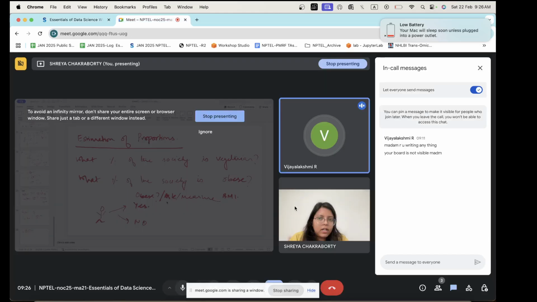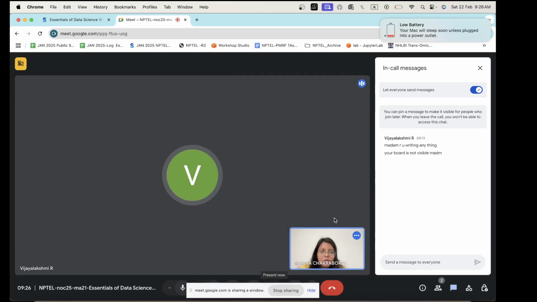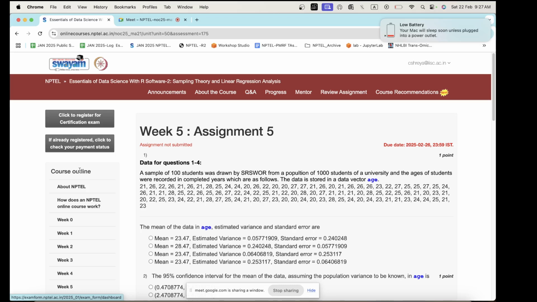Yes, actually, I'll show you something. Can you see my window? Yes, ma'am. So if you go to this SWAYAM portal, below here you'll have a link called Problem Solving Session January 2025.